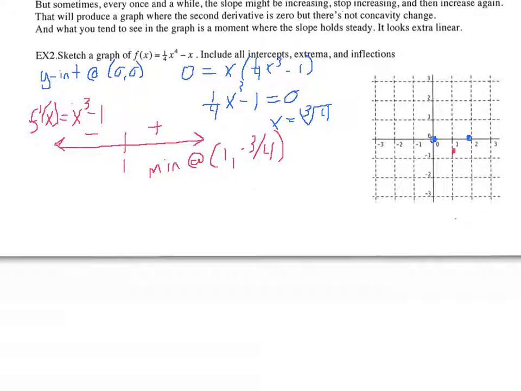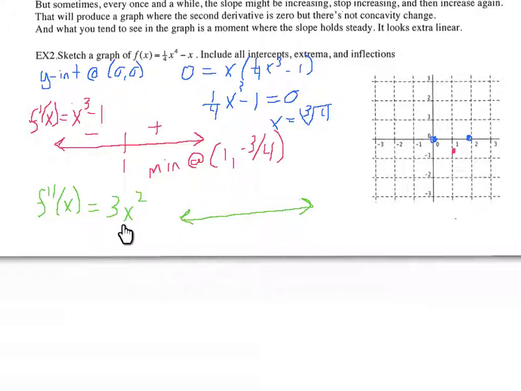And the last bit is to figure out the inflections. The inflections are when you're switching concavity. In order to figure out the concavity, we need to take the second derivative. The second derivative is 3x^2. For the number analysis, we want to find the critical points, where the second derivative is either 0 or undefined.